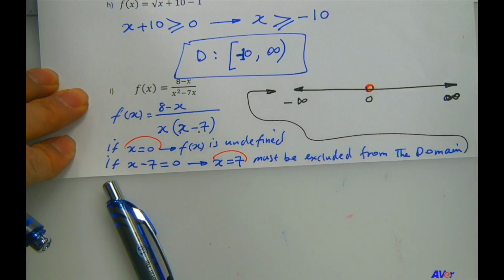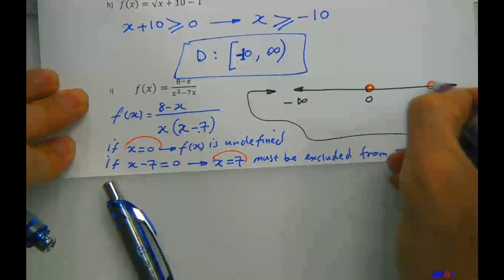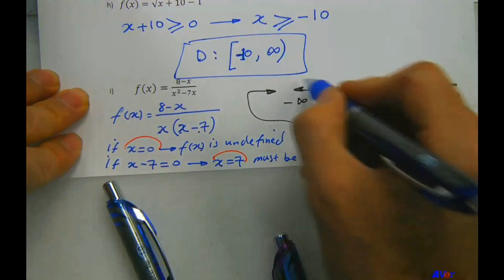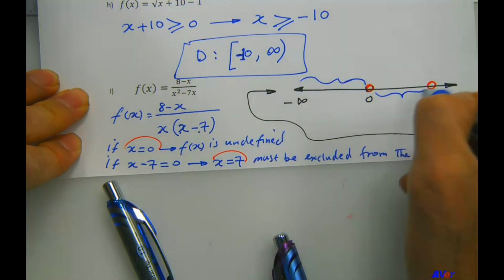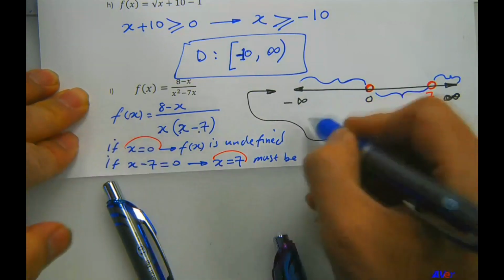So I'm going to put a hollow circle there. x equals 7, somewhere there, should be excluded, right? So what is included? This piece, all of these numbers are included. All of these numbers included. All of those numbers included. So let's write them up.